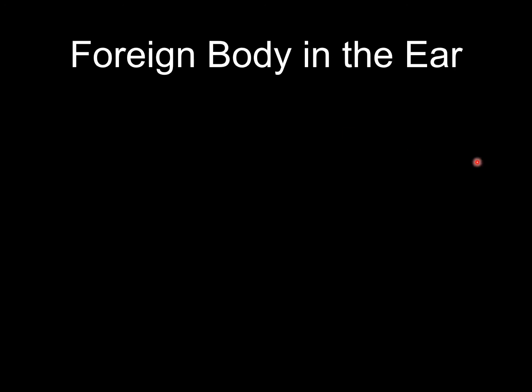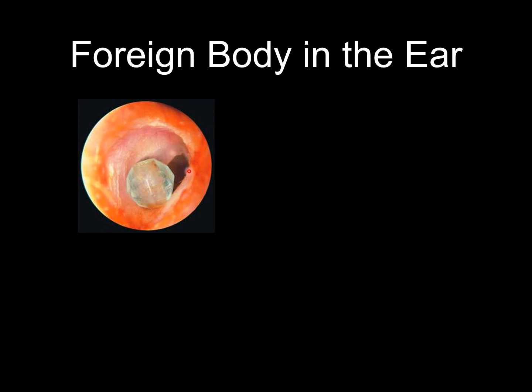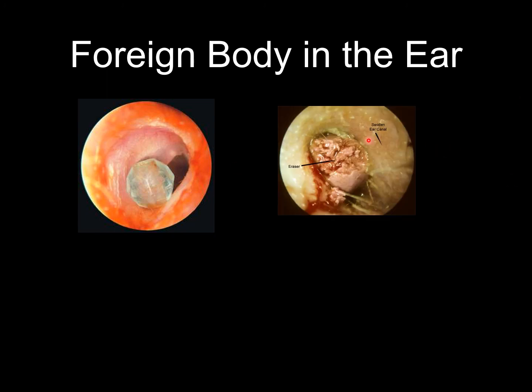Foreign bodies in the external auditory canal are very common. This is an example of a plastic crystal embedded in the external auditory canal. This is an eraser impacted in the external auditory canal with swollen ear canal.